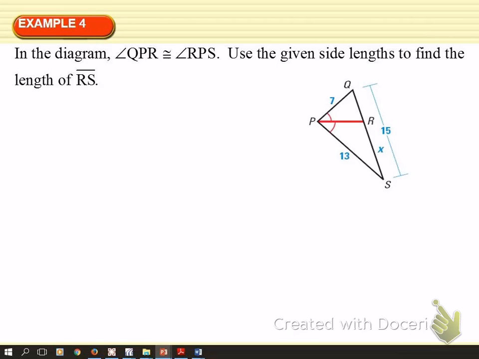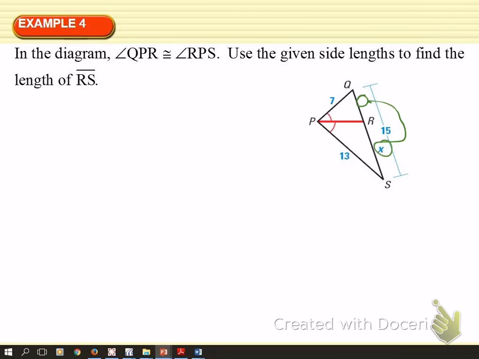Last but not least, we've got an angle bisector here. They're saying that angle QPR is congruent to angle RPS. So we have an angle bisector. It's hitting the opposite side. So we need to come up with a proportion that will help us find RS. Well, the theorem wants you to go from here to here.